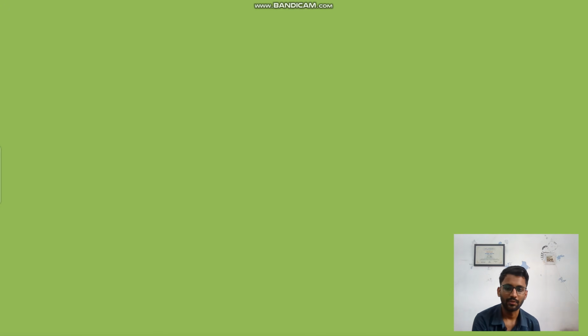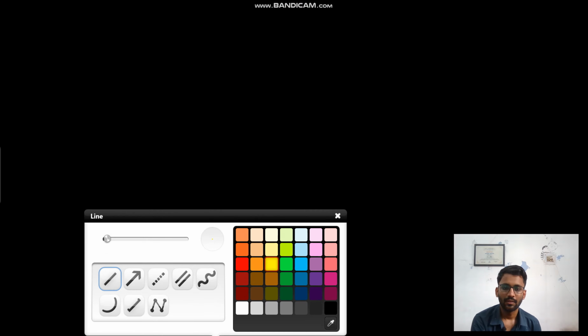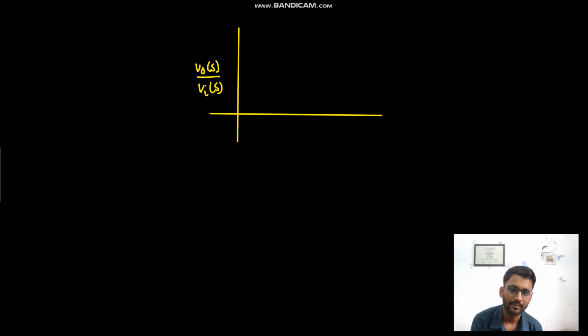This is how the waveform looks: V0 s by V in s versus frequency.